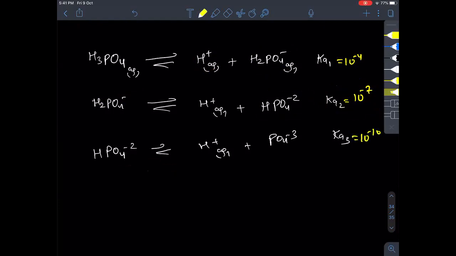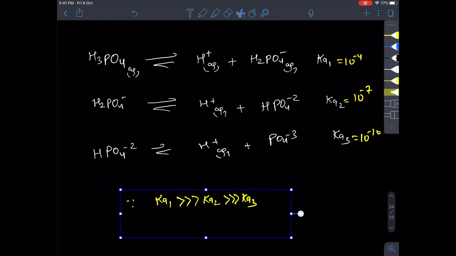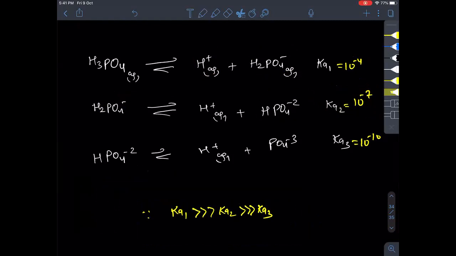Now, by looking at these values, you can very clearly say that Ka1 is far, far greater than Ka2, which is far, far greater than Ka3. So with the help of that, again for making it more realistic, I'll take some concentration. Say, for example, I took C. So C minus x, it will be x and x.